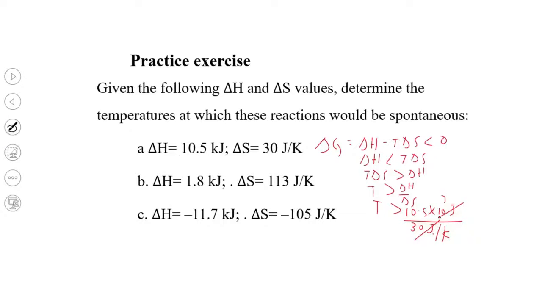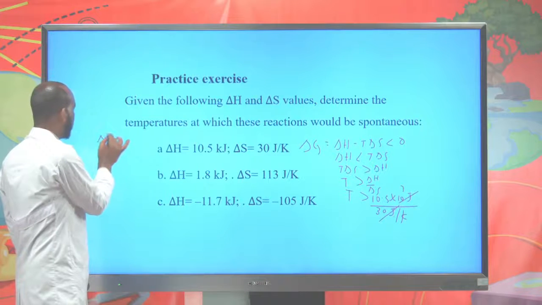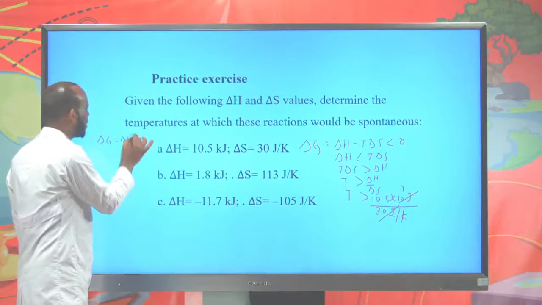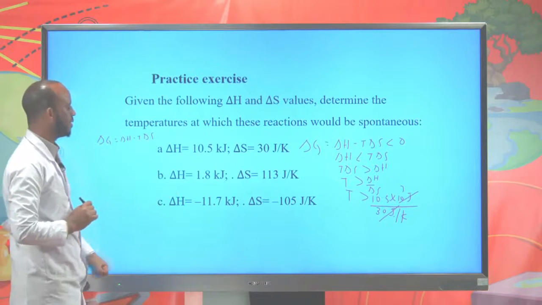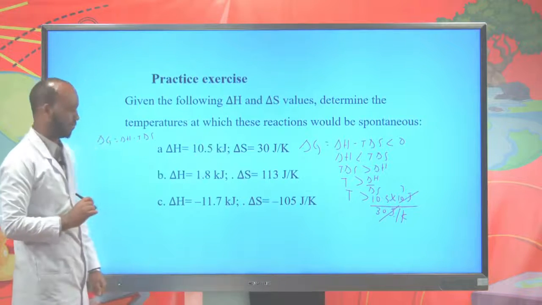B, delta H 1.8 kilojoule, delta S 113 joule per Kelvin. For what temperature would this reaction be spontaneous? Again, delta G equals delta H minus T times delta S. Delta H is positive, delta S is also positive.